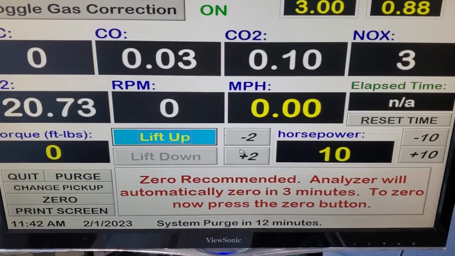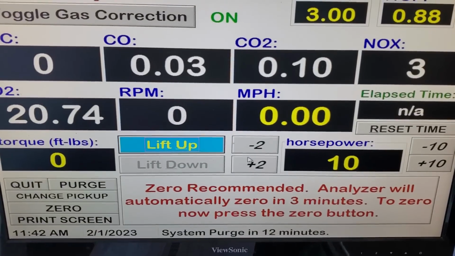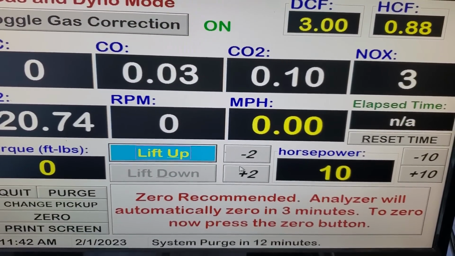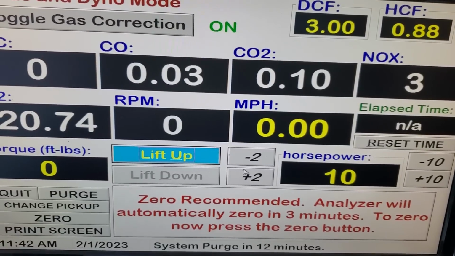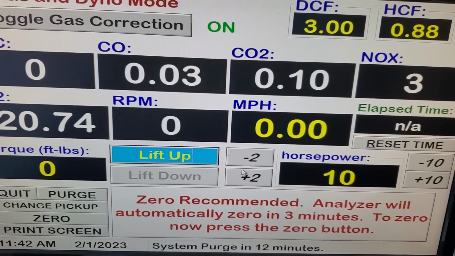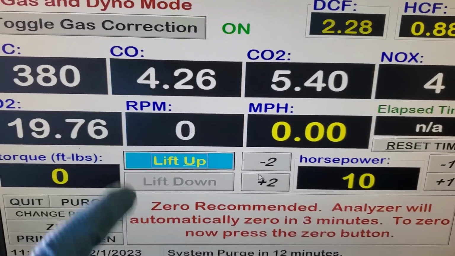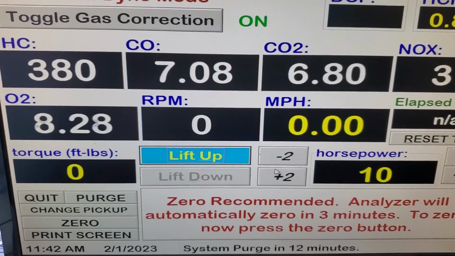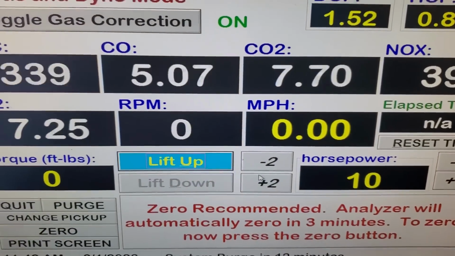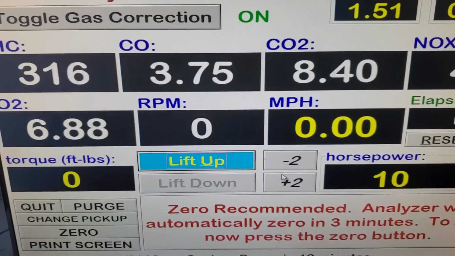All right, go ahead, start it. Now it'll take a minute to drop into closed loop. Now we might have to restart it again.